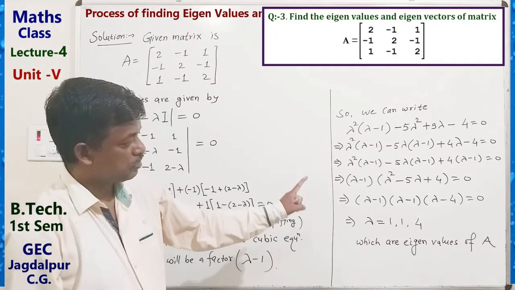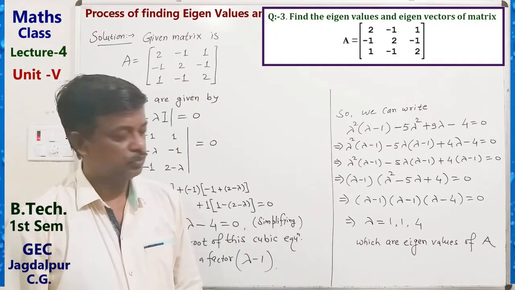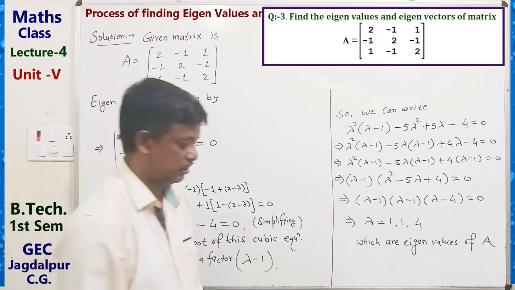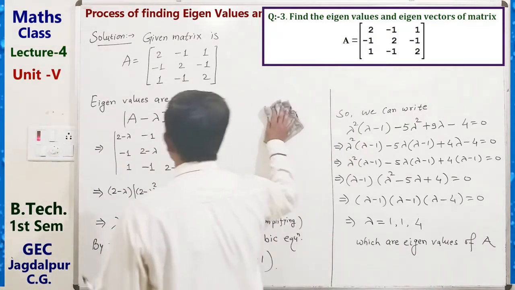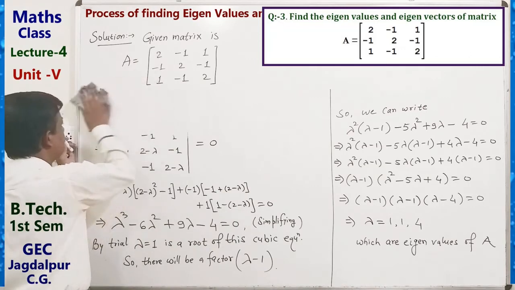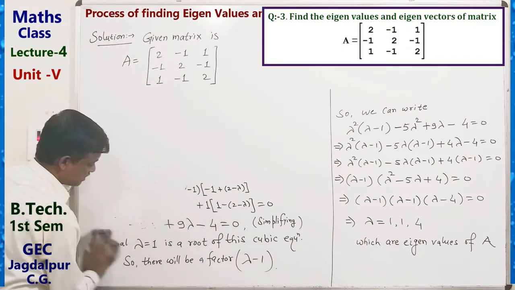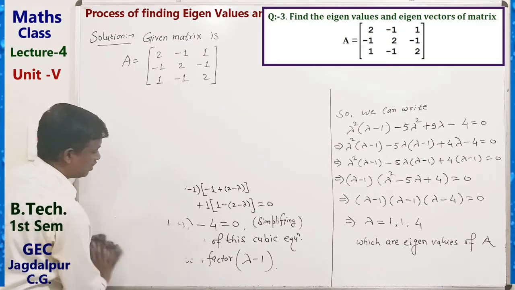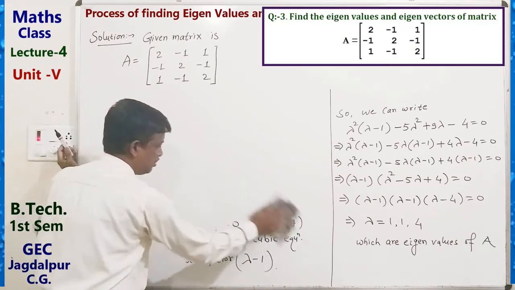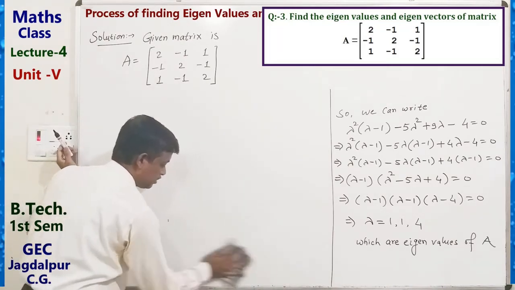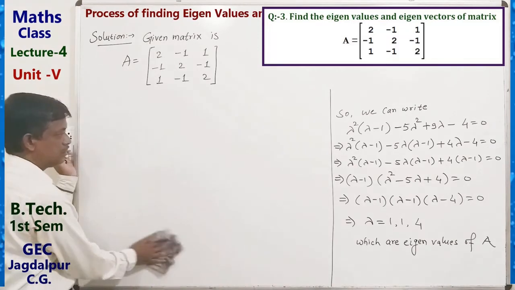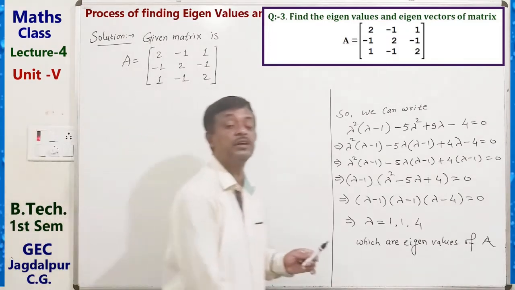Now corresponding to each eigenvalue, we have to find the eigenvector. The same process you can follow, but yes, the matrix is symmetric. So for equal roots, we have to find vectors so that the vectors should be orthogonal.